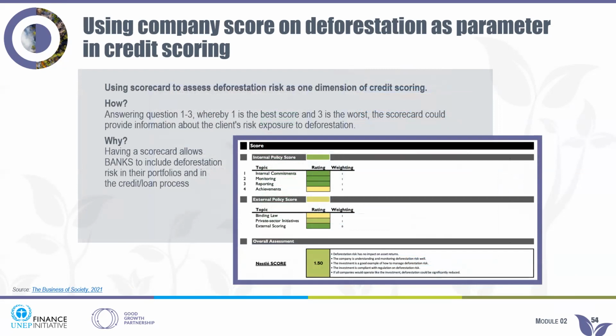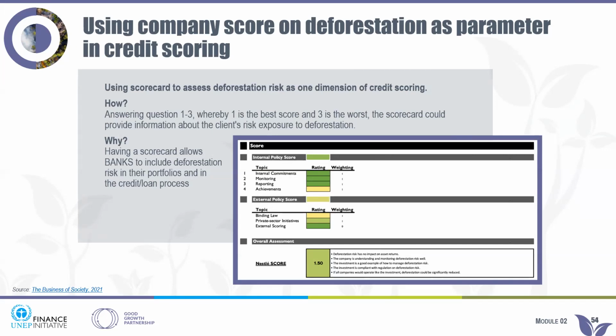Another approach is to modify the internal scoring system of the bank to include deforestation-linked considerations in the calculation of the risk profile. One practical solution is to use a scorecard system to assess the importance of deforestation risk for the clients.